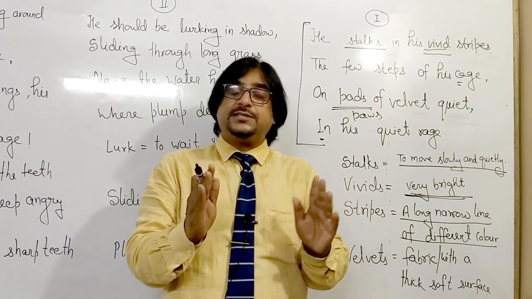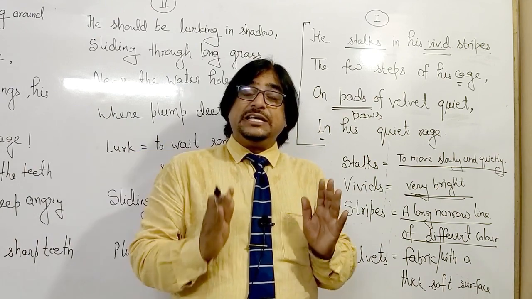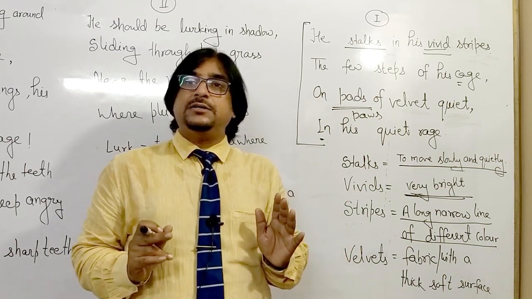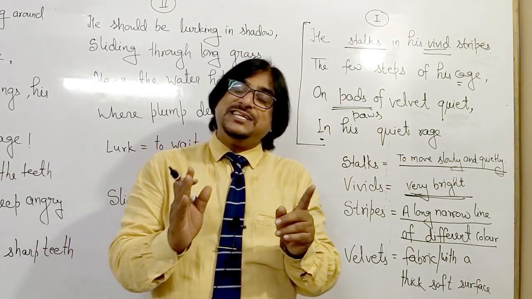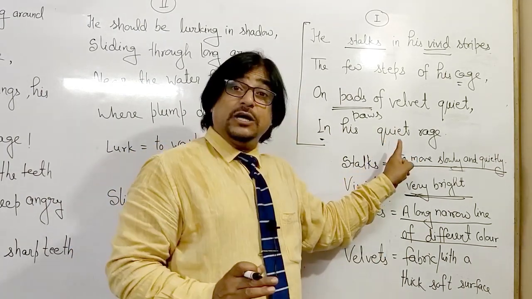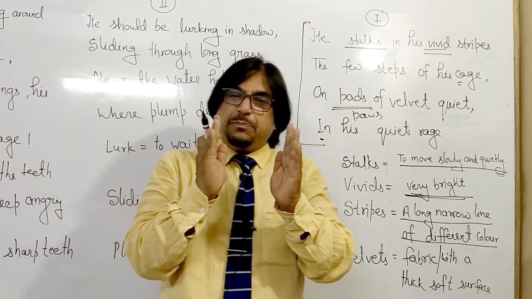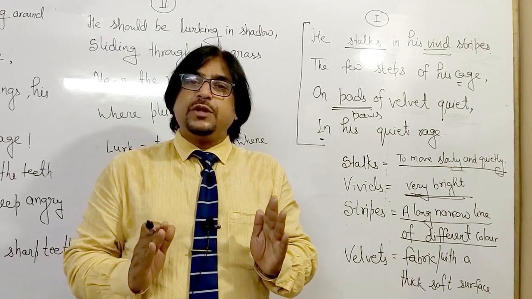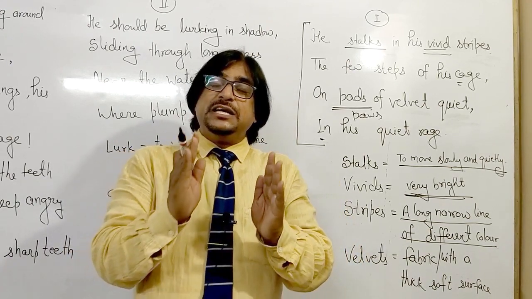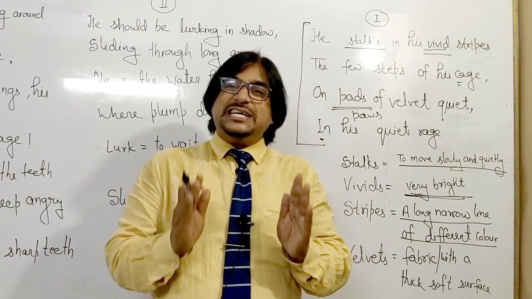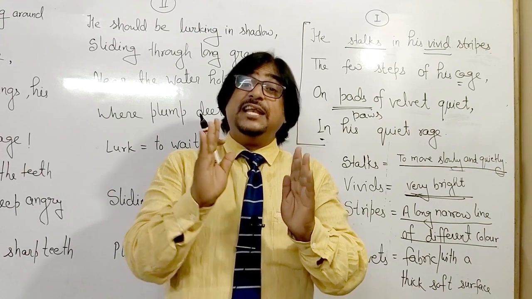when he walks slowly and quietly in his cage, he is in extreme anger. So one important thing here is that he is in anger, but he is also quiet. So the tiger in his cage in the zoo moves slowly and smoothly, and he shows his anger, but he is still silent.